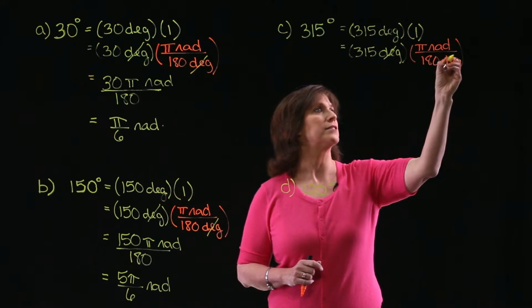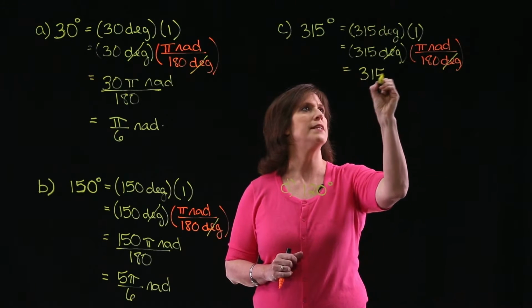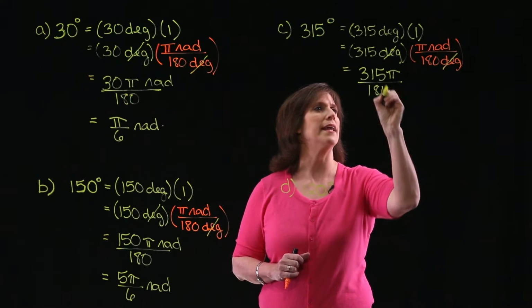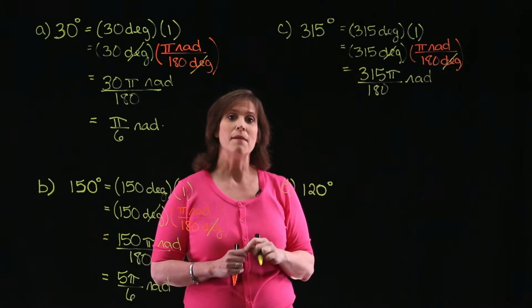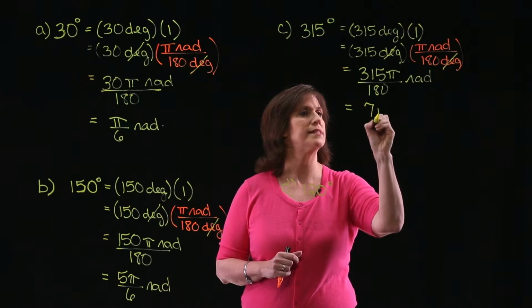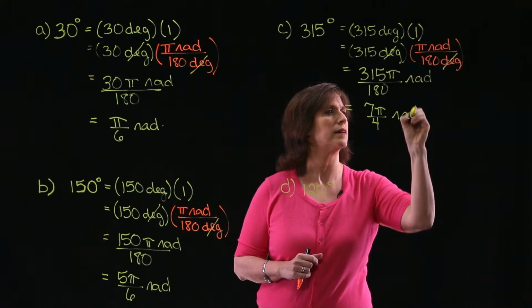My degrees cancel, and I'm left with 315 pi all over 180 radians. This time I can divide 45 into both the top and the bottom, and I end up with 7 pi over 4 radians.